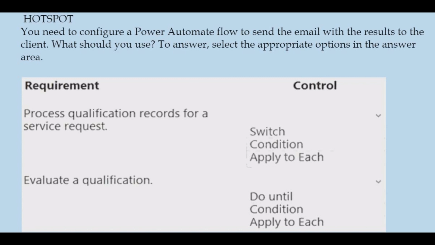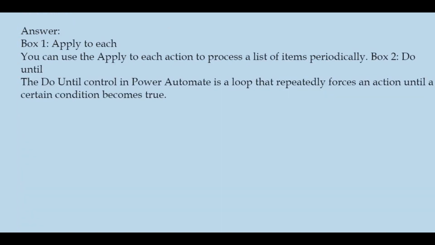The controls are do until, condition, apply to each. The answer is box 1, apply to each. You can use the apply to each action to process the list of items periodically. Box 2, do until. The do until control in Power Automate is a loop that repeatedly performs an action until a certain condition becomes true.